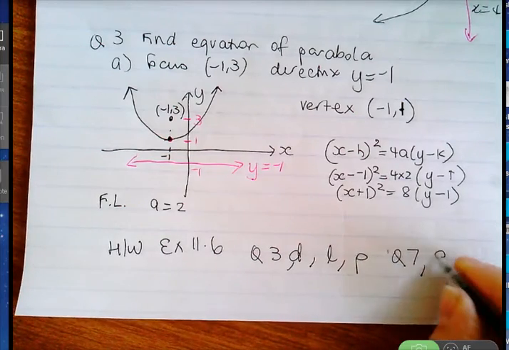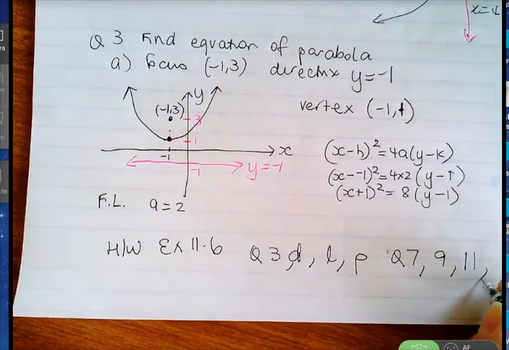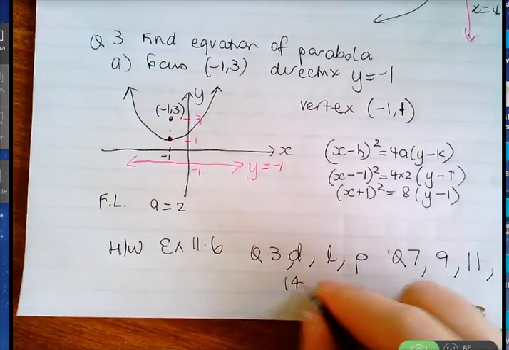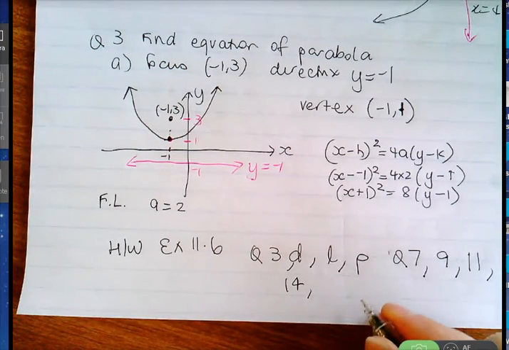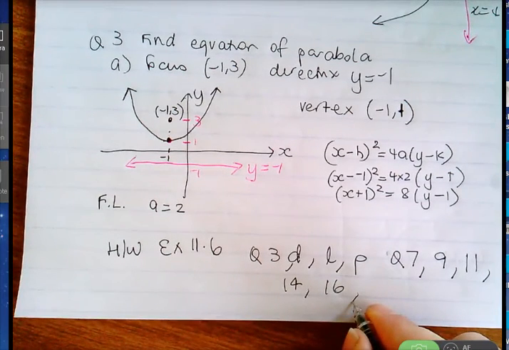9, 11, try 14, 16. All right, we've done those types.